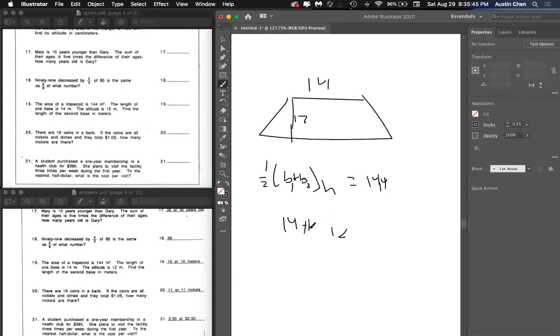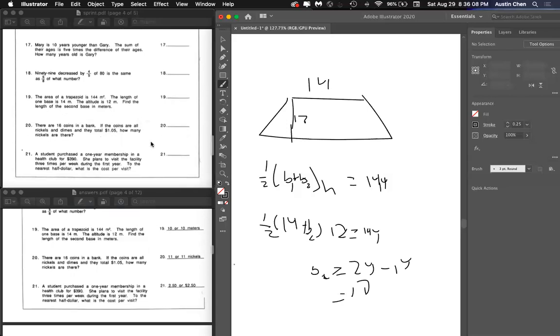Now we just solve for base 2. So 144 divided by 12 is going to be 12, times 2 is going to be 24. And you just minus that by 14 to equal B2, which equals 10. Yep, 10 meters.